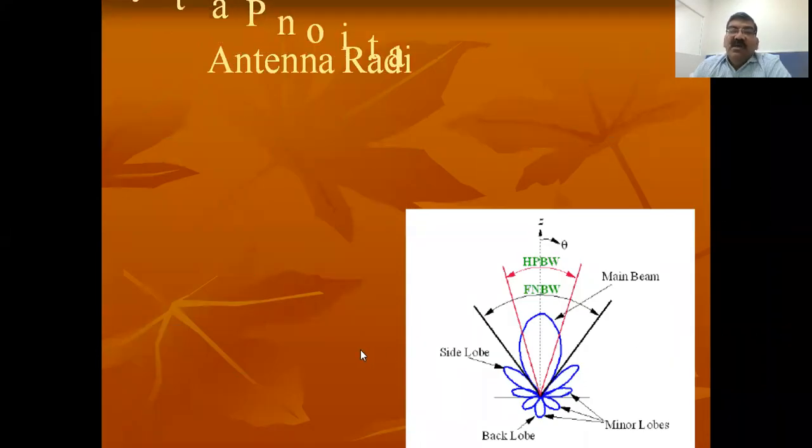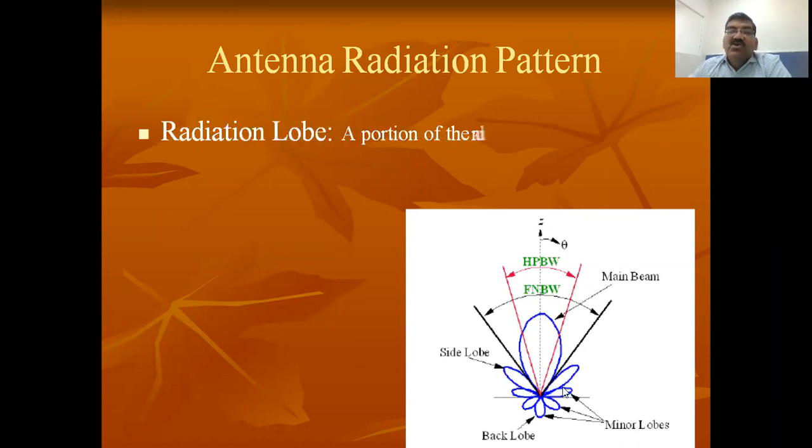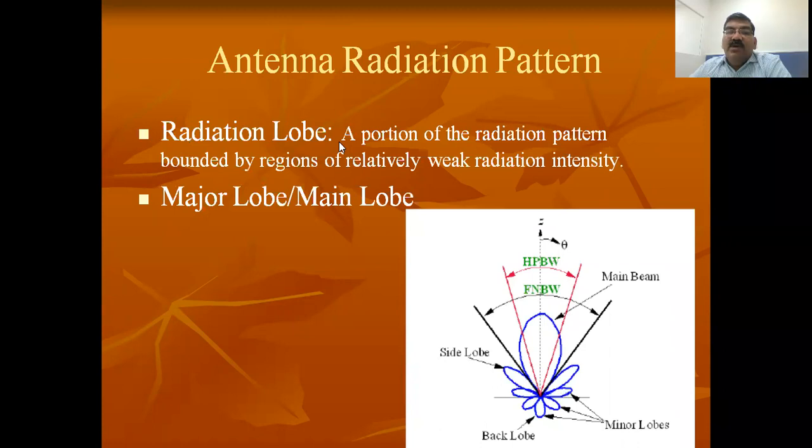Now, about the antenna radiation pattern. This is a directive pattern I have put here so that we can understand how we can bifurcate the antenna pattern. This is the radiation lobe. So what is this radiation lobe?